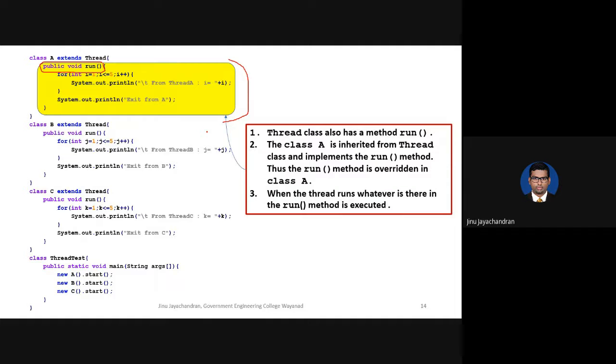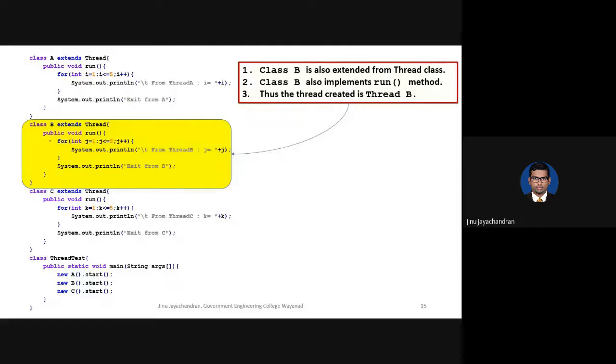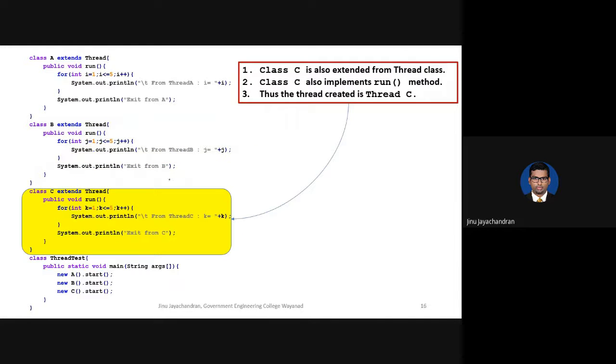Here, it is just printing numbers from 1 to 5 from thread A. Class B has also implemented the same function, with a body that prints the numbers from 1 to 5, but this is from thread B. Class C has also inherited from the Thread class and implemented the run method. It is also printing the values from 1 to 5, but this is from class C.